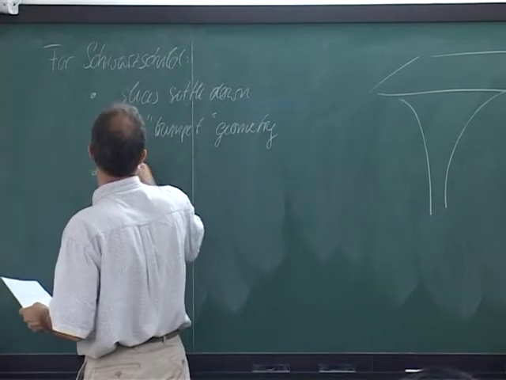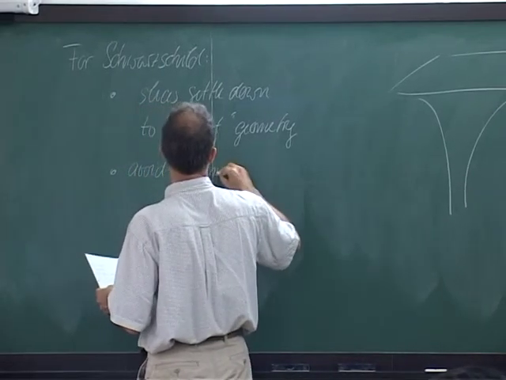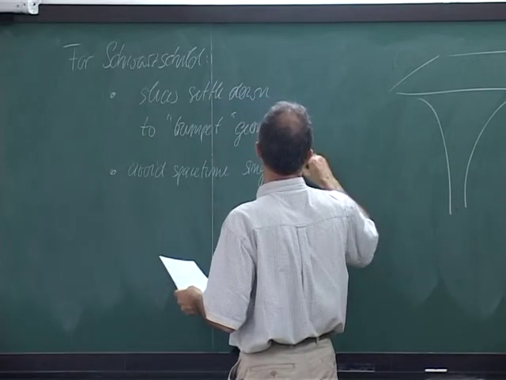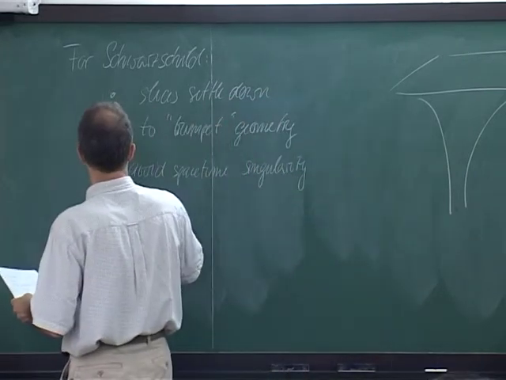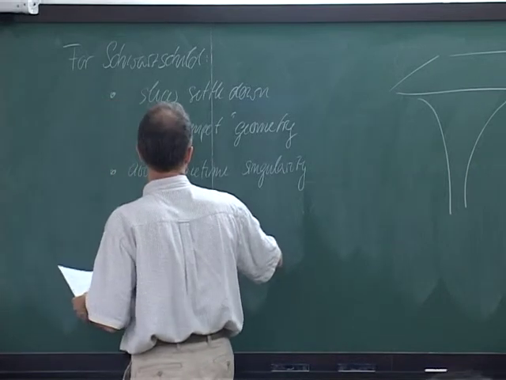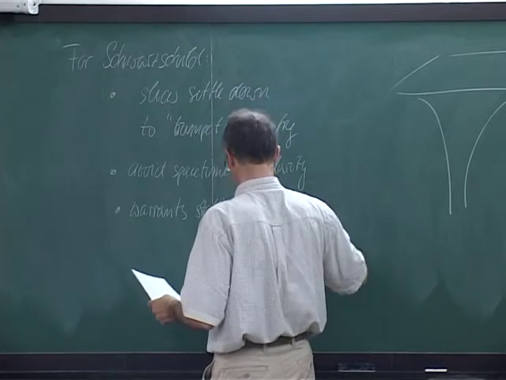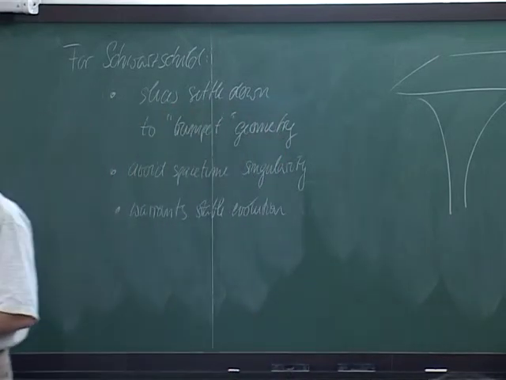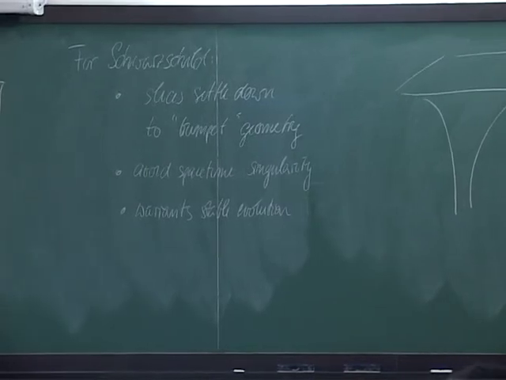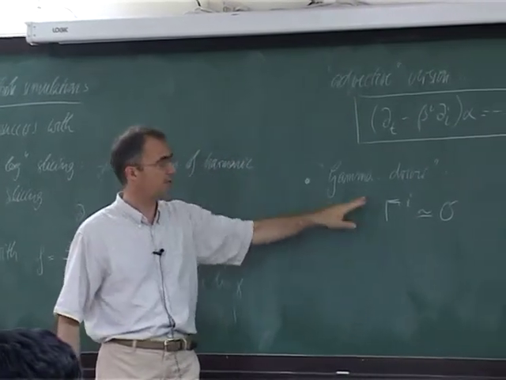So they avoid the space-time singularity, and that warrants stable evolution, for this gauge choice, for 1 plus log slicing and the gamma driver.